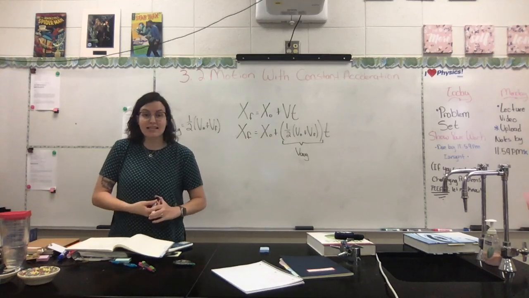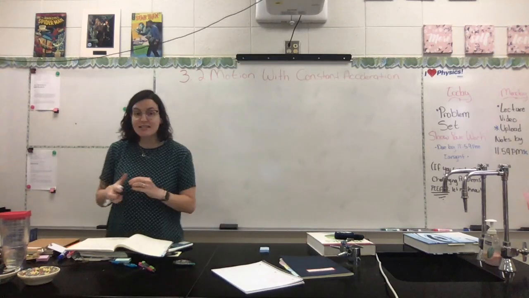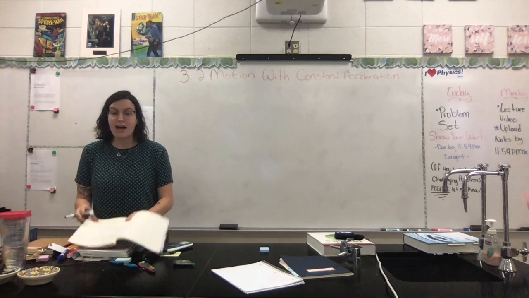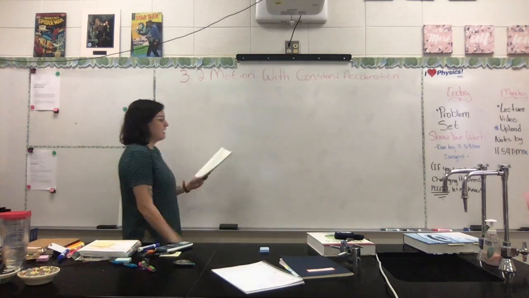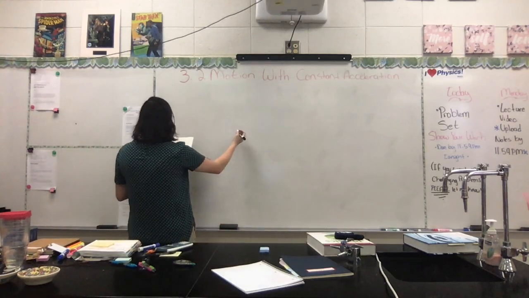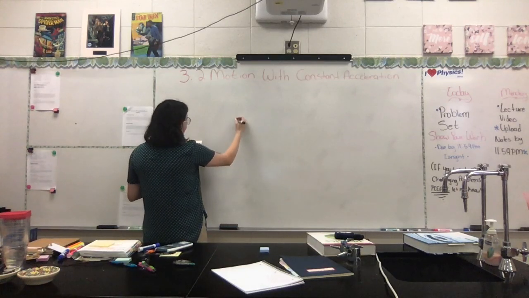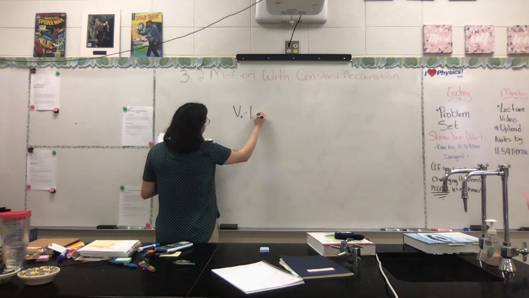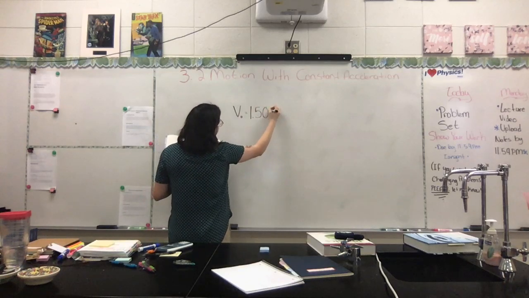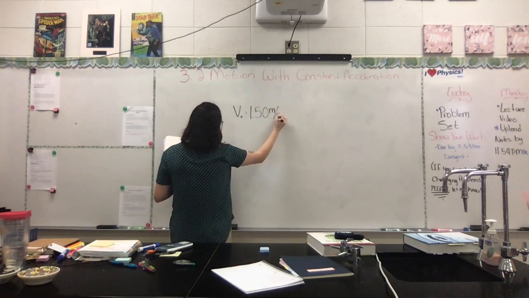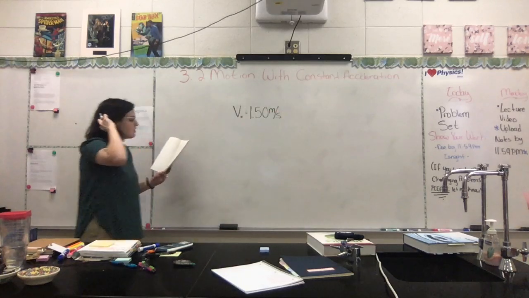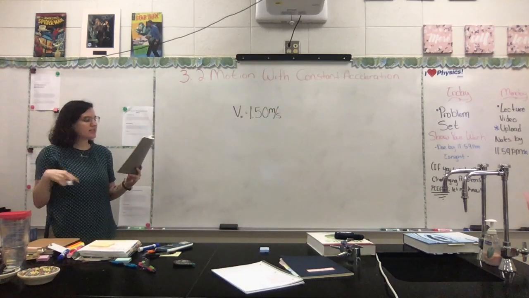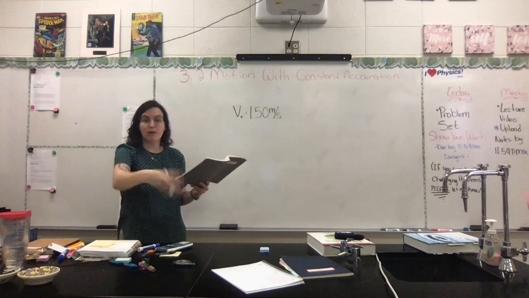So let's look at an example. In this example, we have a boat slowly moving inside a marina with a speed of 1.50 meters per second. As soon as it leaves the marina, it's going to throttle up, so it's going to start going faster and faster.